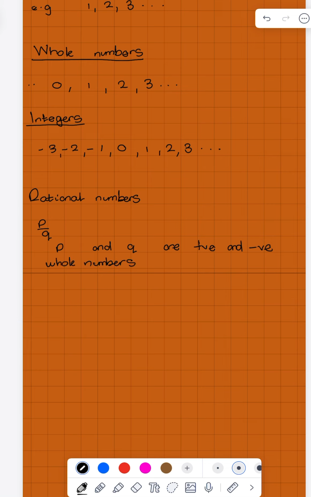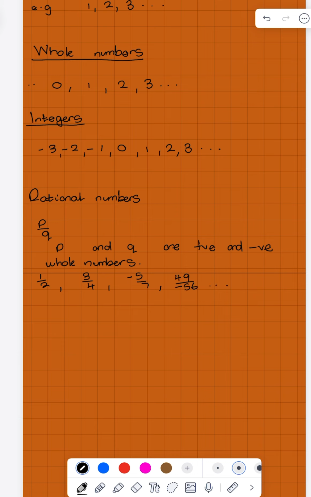For example, numbers like half, numbers like 3/4, -5/7, 49 over -56, and so on.